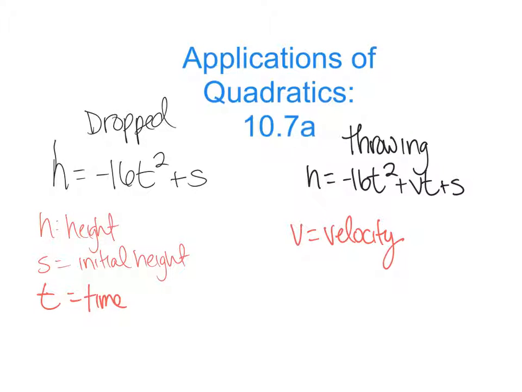One thing about being dropped is you don't chuck a ball straight down. You just drop it. But when you throw a ball, you provide velocity. You throw the ball, so you are making it go fast. That adds an extra component. This part right here is because you're throwing the ball. You're adding something to the ball itself. All right? So have these 4 red things written on your paper. I'll give you a second to copy it down.